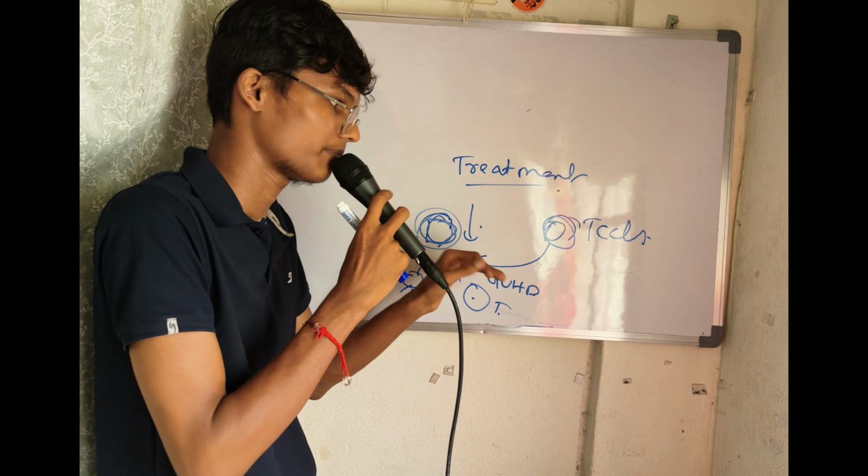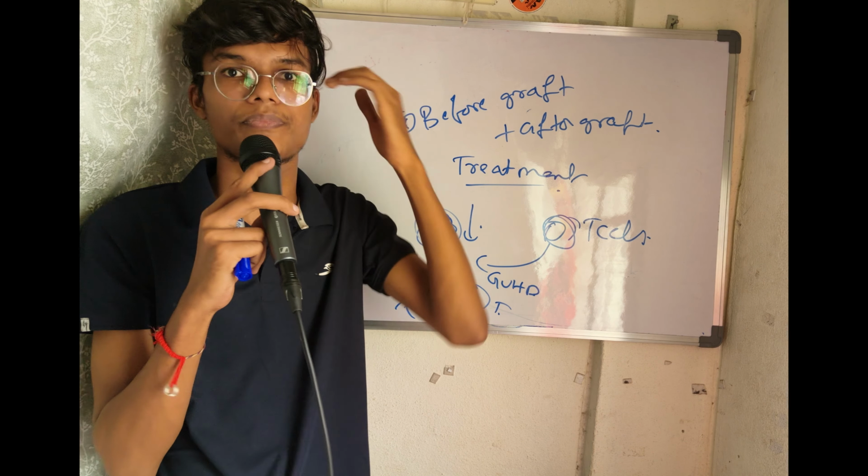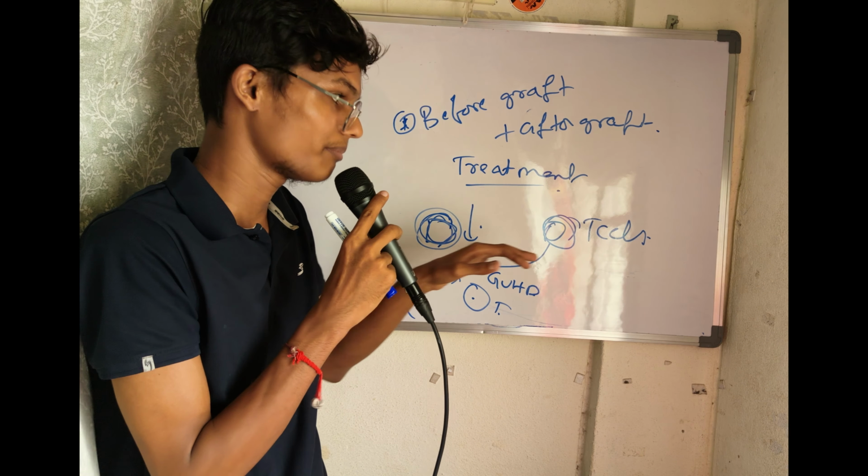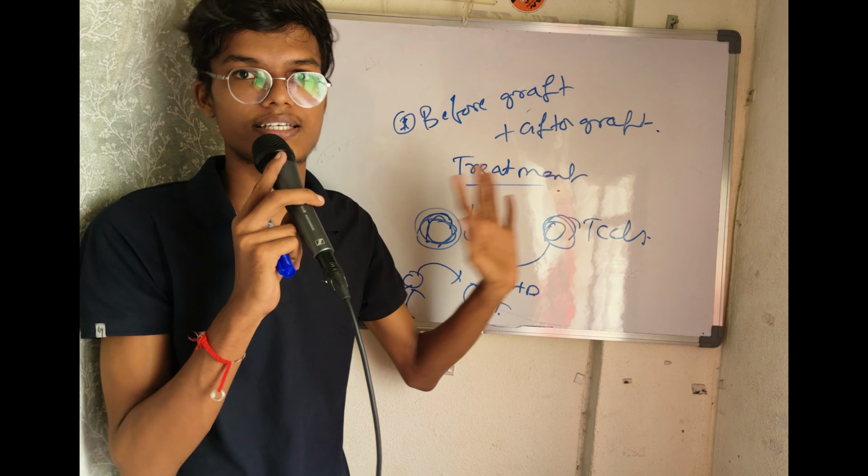I have to take immune suppressors before the graft plus after the graft. Why am I taking them before the graft? Because my immunity might kill this graft. Why am I taking them after also? Because if the graft contains T cells, it might kill my tissues. So I am taking immune suppressors both before and after.